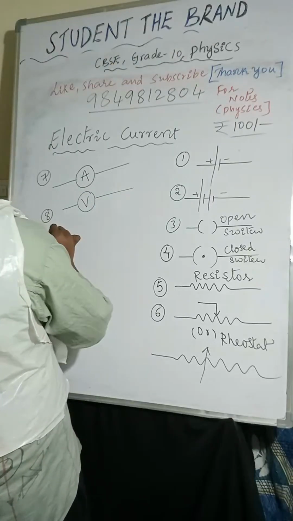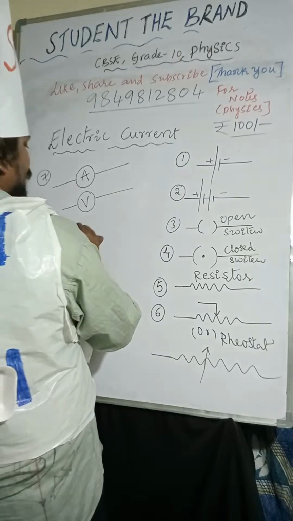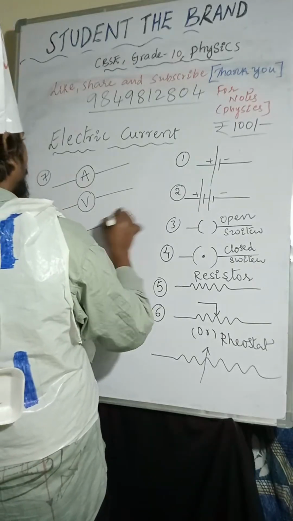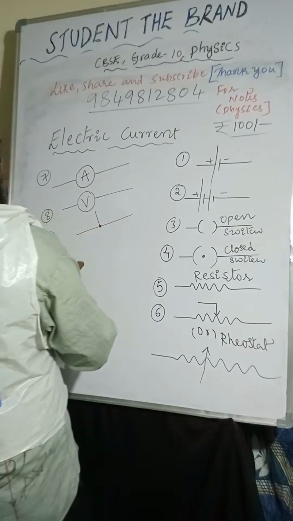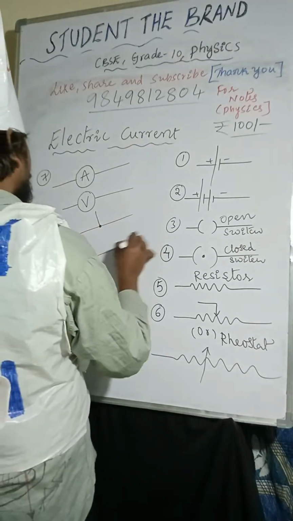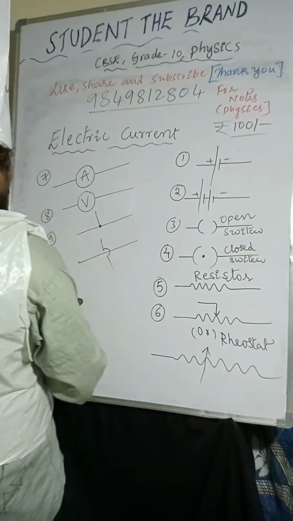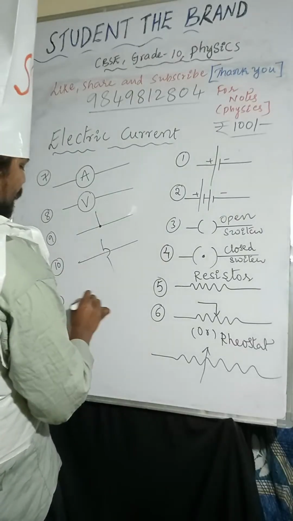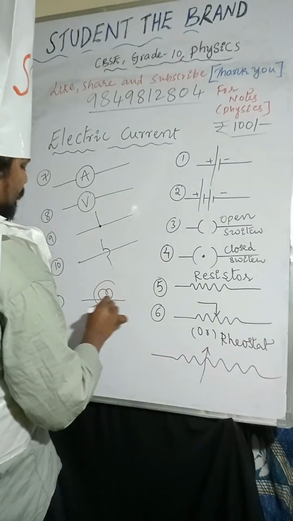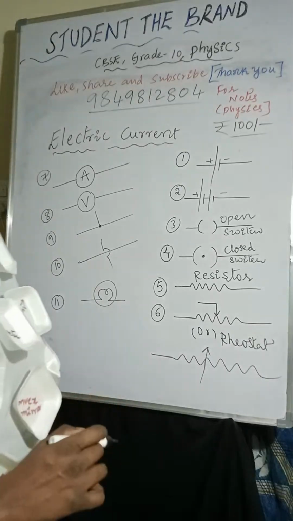The ninth one is wire joining. The next one is wire crossing, and the eleventh one is the bulb.